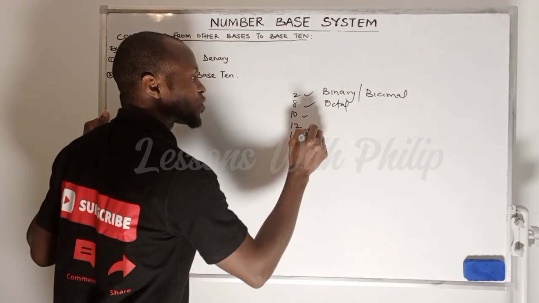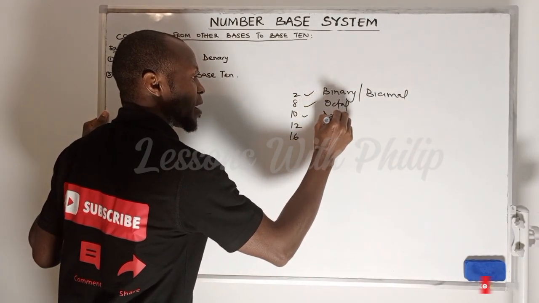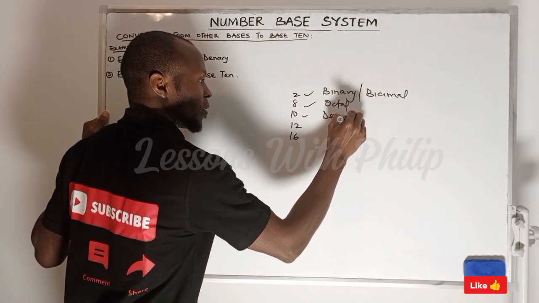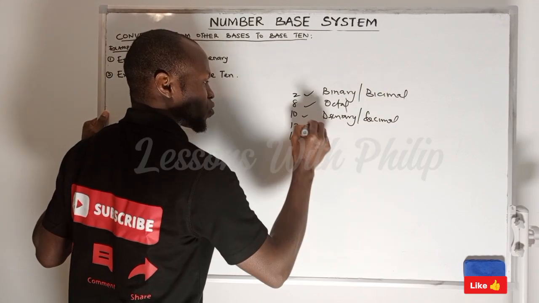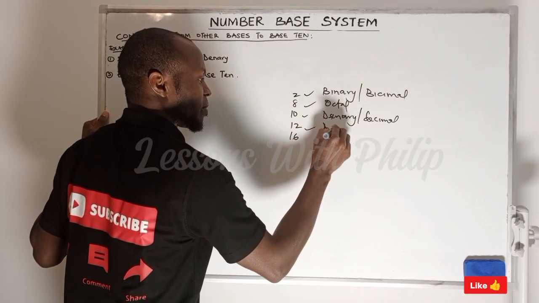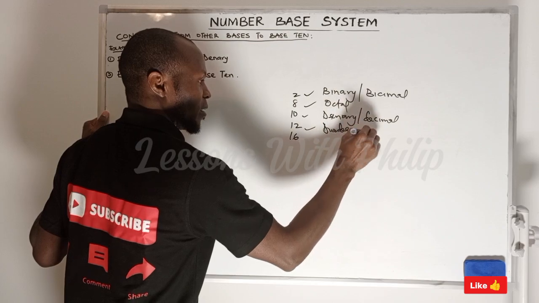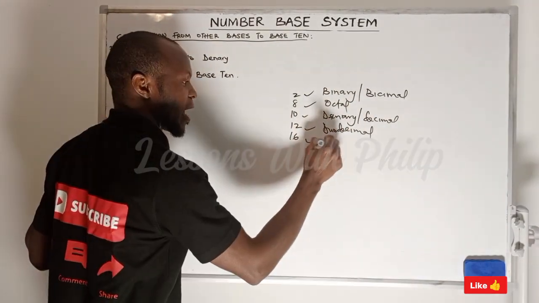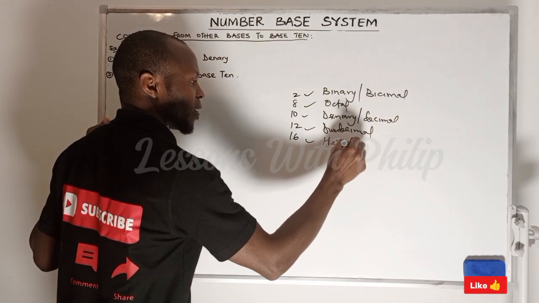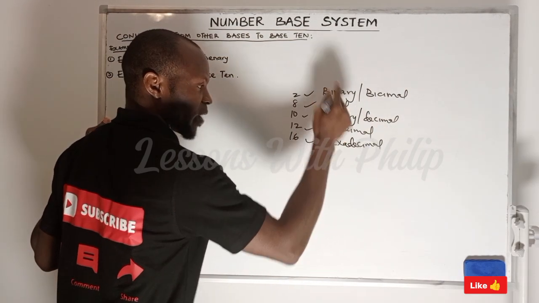Then base 10 is known as denary or decimal. And base 12 is known as duodecimal. And base 16 is known as hexadecimal. Alright? Don't forget this.